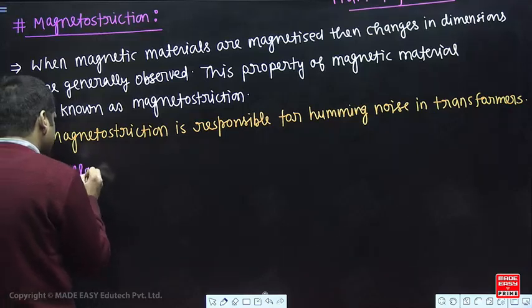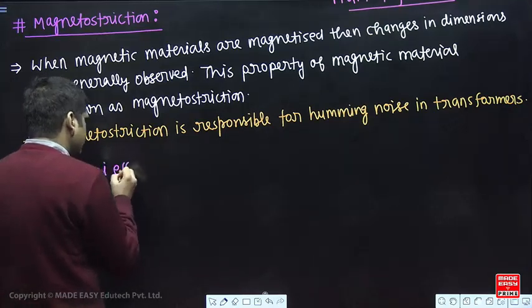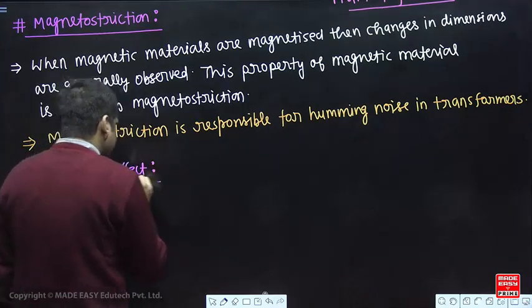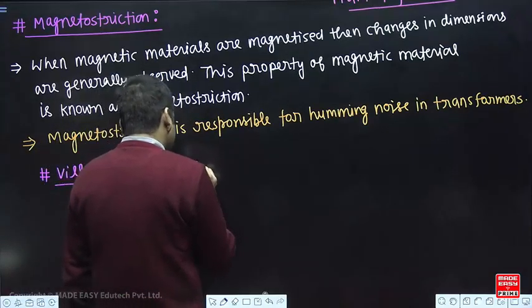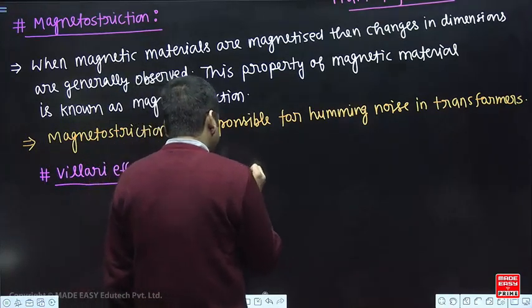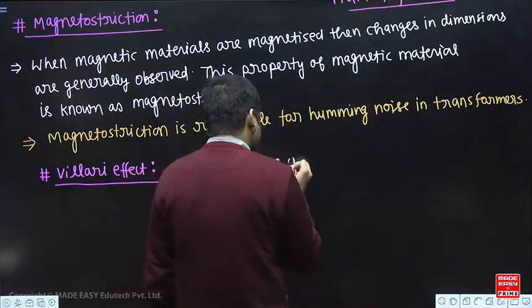Villari effect. It is the converse of magnetostriction.